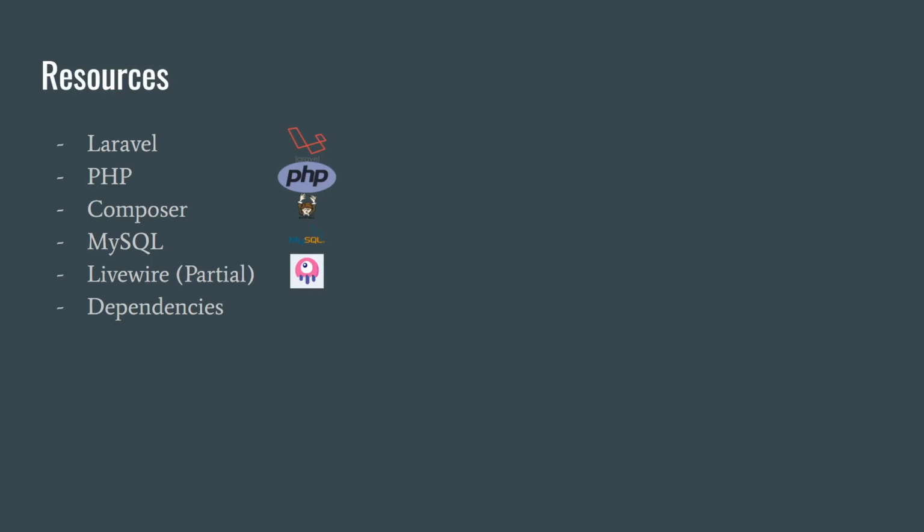Then we have Composer, which is a package manager, just to import or export packages. Then we use MySQL, that's our database. We use Livewire. Livewire is also a framework in PHP. And then we have the dependencies, because why would you reinvent the wheel?